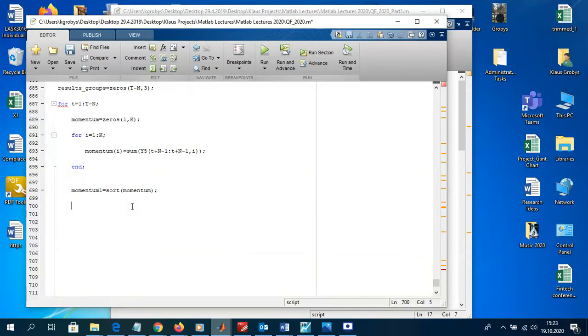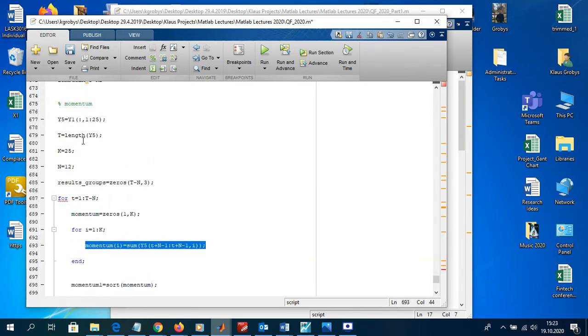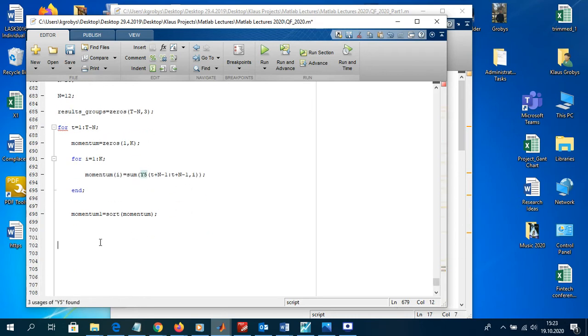Now we have to determine the positions in this vector. We know that this vector has the same dimension and the same positions as we have stocks in the matrix capital Y5, our input matrix. So let's define C1 should be 0.2. We are now defining the upper bound for the first group, 0.2 times k.